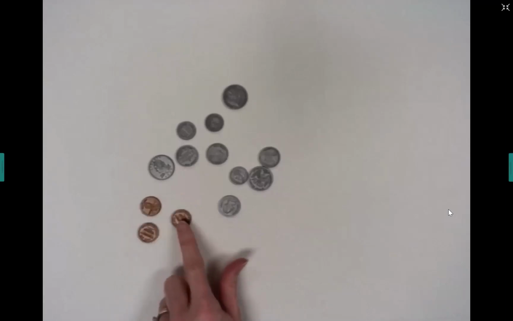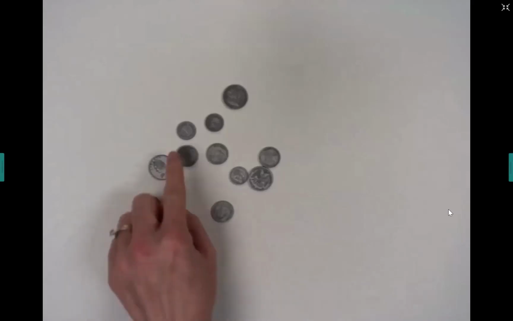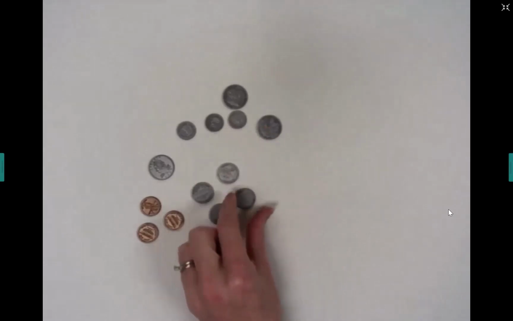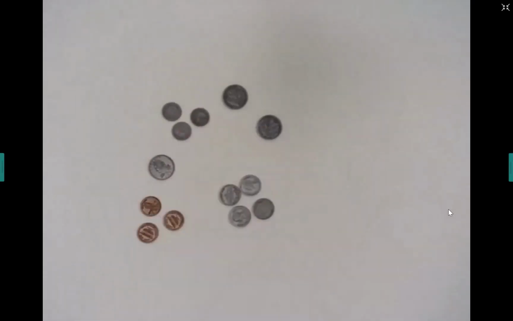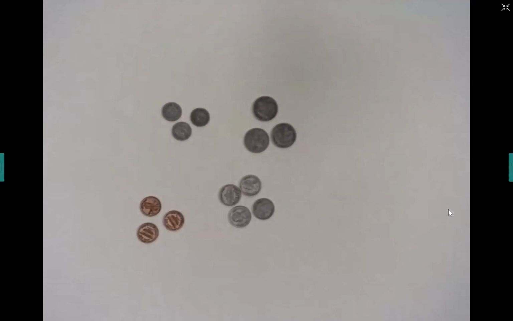It helps them remember things like the penny being copper, brown colored, noticing the nickel's smooth edges, those attributes that they see on the front and the back to help them group our nickels, seeing those small dimes with those ridges on the edges, and now being able to recognize and sort a quarter. So they should be able to name each of these coins, recognize them based off of those attributes, as well as knowing the value now of all four coins.